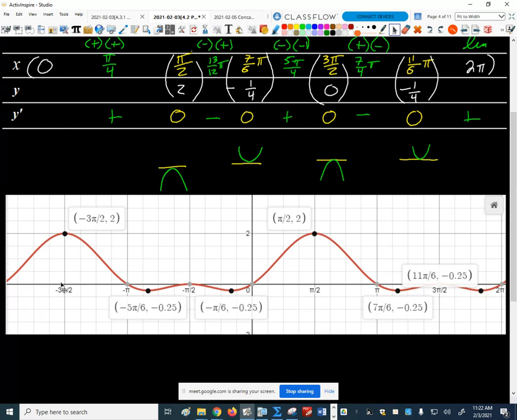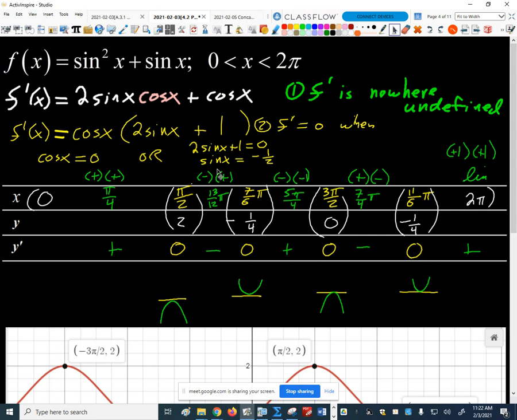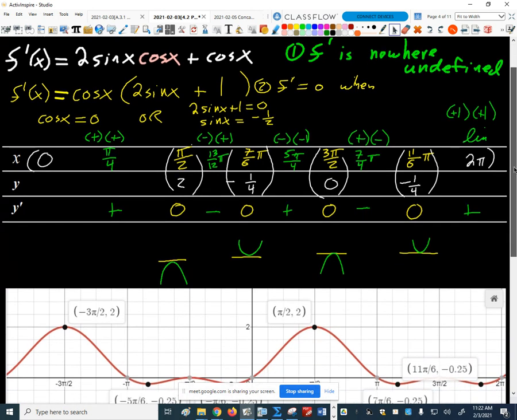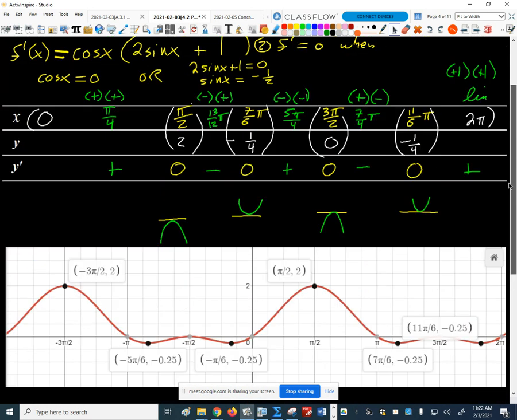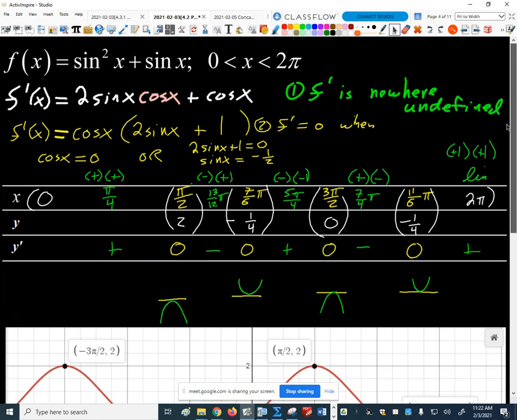Wait, 3 halves? We had one at, oh, did we miss a couple here? 7/6 pi. What the heck?